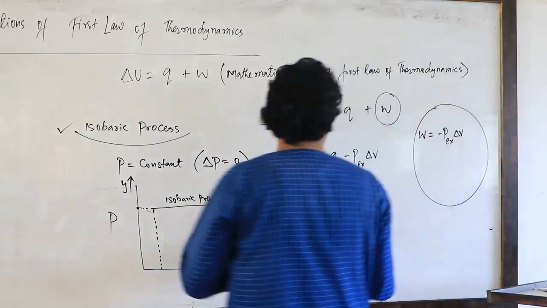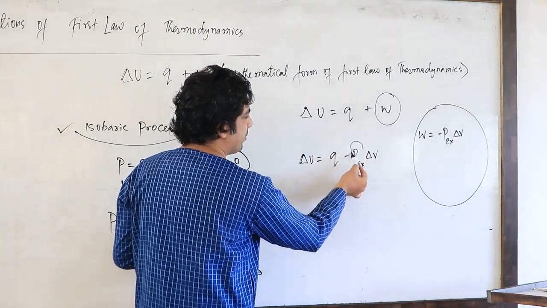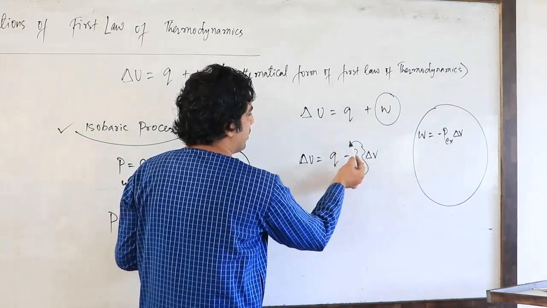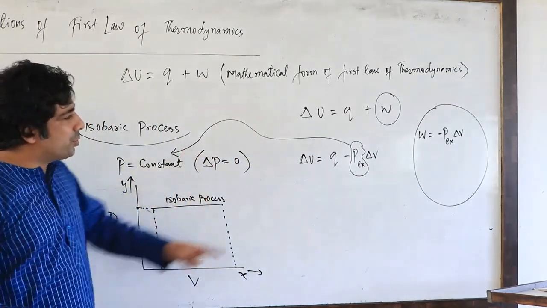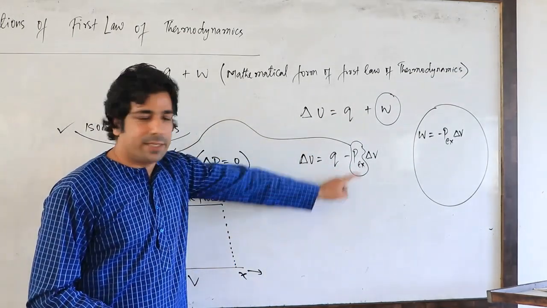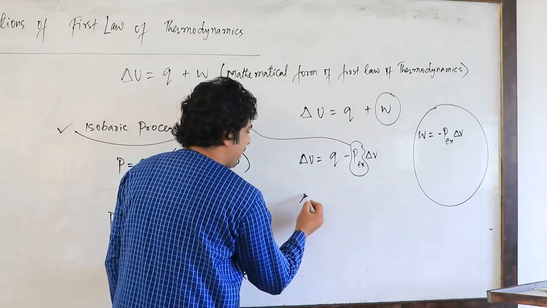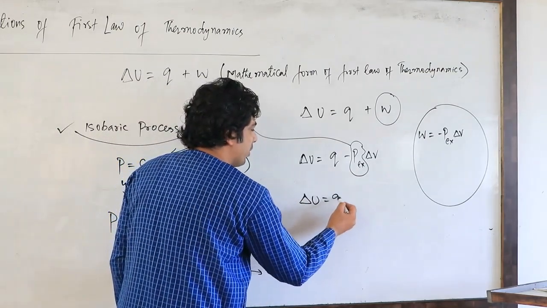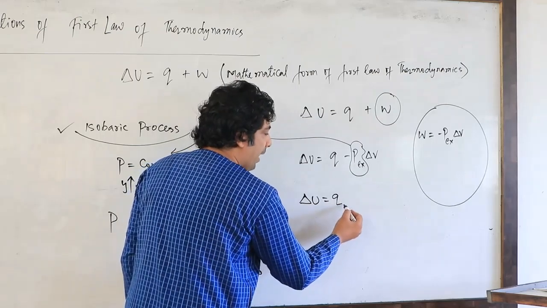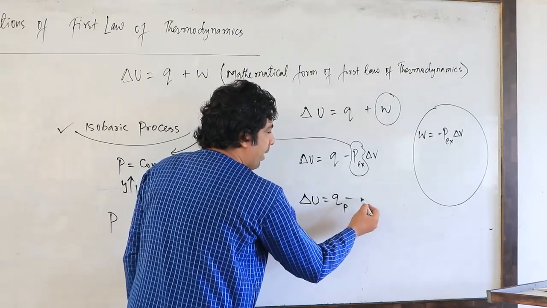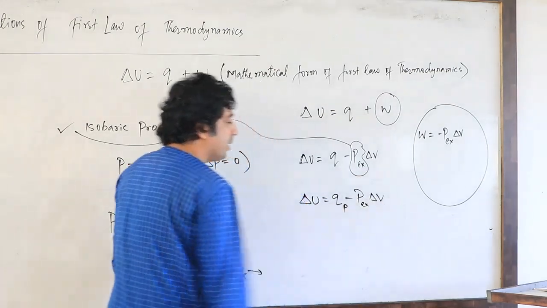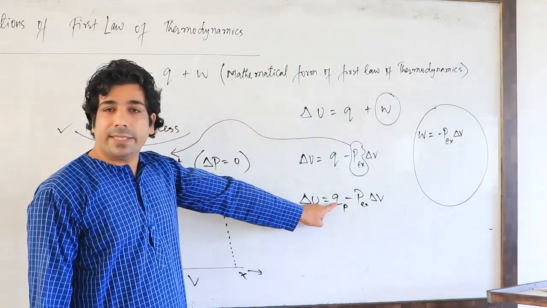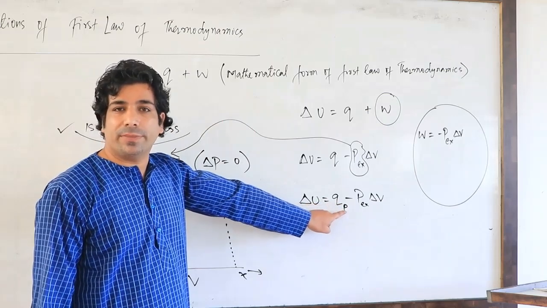And we know that this factor is constant. P external is constant. So what is my actual expression for isobaric process now? Delta U is equal to Q_P minus P external delta V. The meaning is that heat is absorbed at the constant pressure.